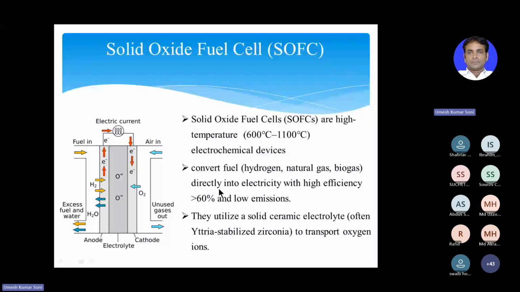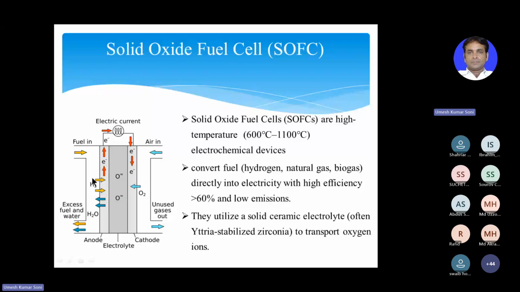Here you have the hydrogen, and here you have solid oxide, which means some metal oxide, maybe calcium oxide, Na2O can be there. So this solid oxide will play an important role as electrolyte, and it provides the medium for the reaction, and the same reaction happens again.